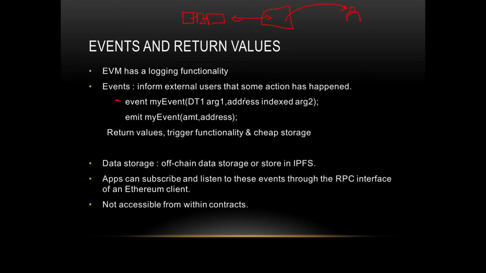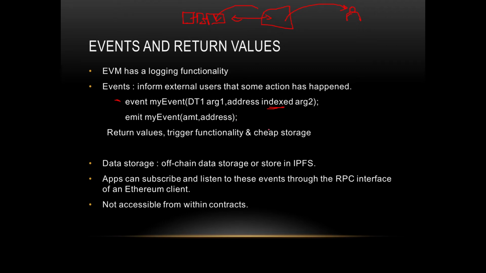This indexed keyword is used for finding this event at a later stage. So after many blocks are mined, if you want to check what had happened at this time with the index, you can directly go to the blockchain and retrieve this data or this event. And this is basically the event definition.